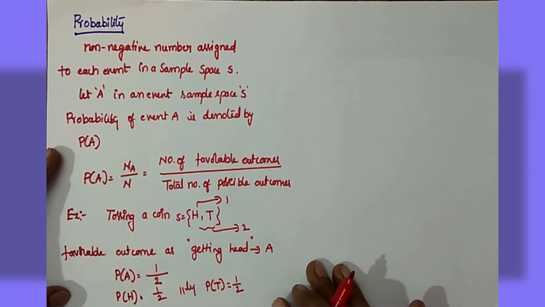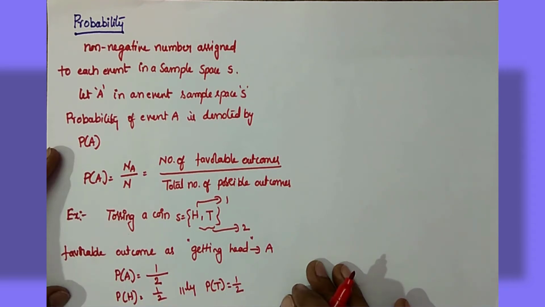Suppose we take another example, throwing a die. How many possible outcomes are there in throwing a die? 6 possible outcomes. Suppose you take your favorable outcome as getting the number 2. Then what about your probability? Favorable outcomes: only 1, because 2 appears only once. And the possible outcomes: 6.